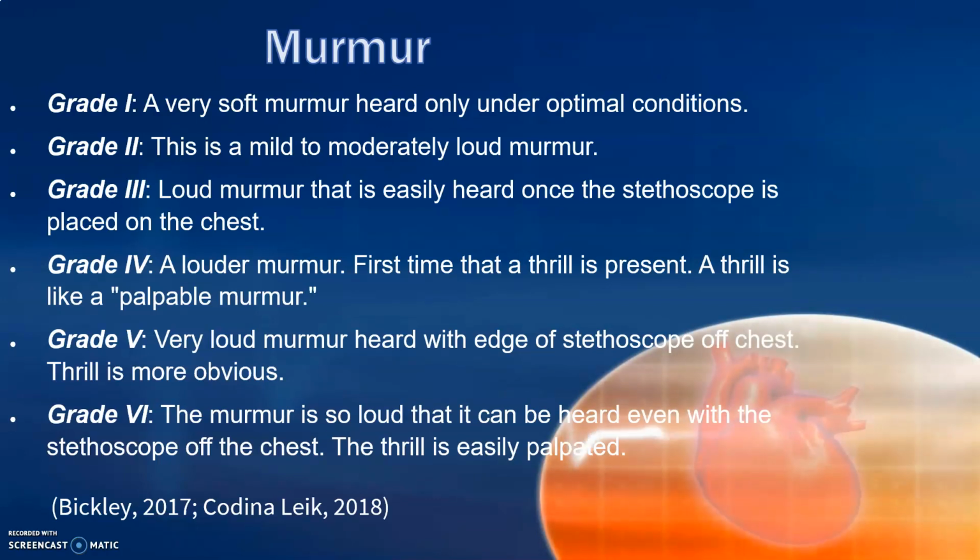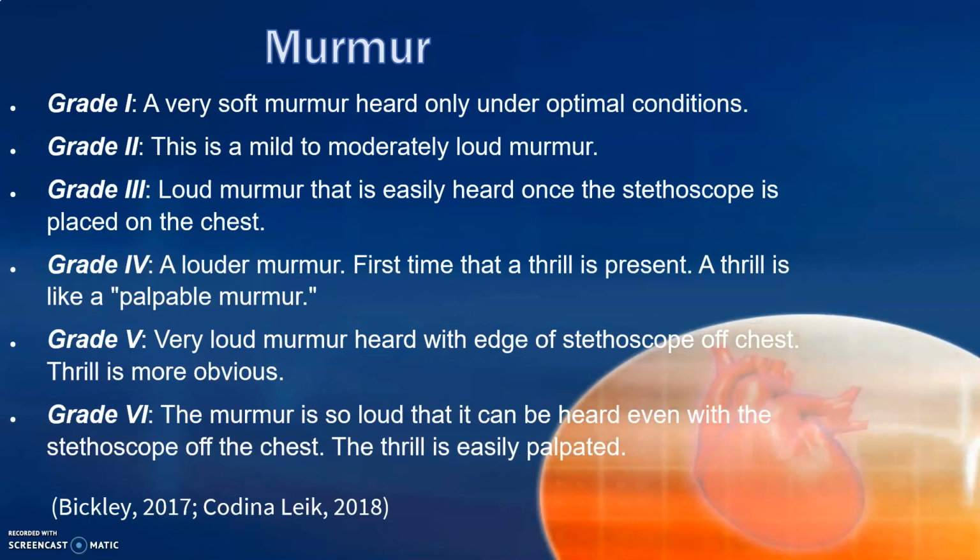Grade 4, this is a louder murmur, and it is the first time that a thrill is present. A thrill is like a palpable murmur. And I've seen a lot of questions on when is the first time the practitioner will be able to feel the thrill, and that is grade 4.